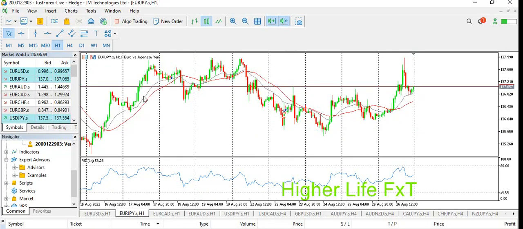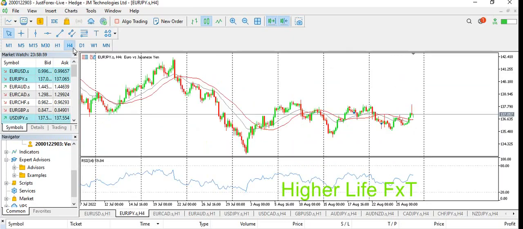Support, guys, basically is a place at the bottom of the chart, or when the chart is going down, when the candlesticks are going down and they stop at a particular place and they cannot pass that place, we call that place a support area.